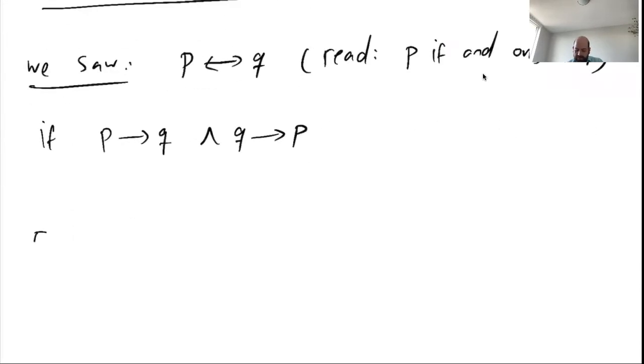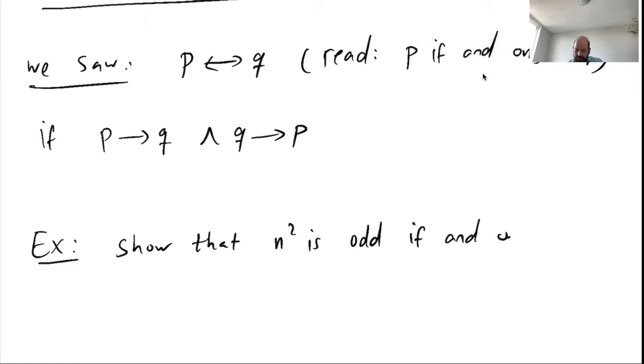Okay, so for example, let's say, show that n squared is odd if and only if n is odd. If you remember, last time we proved both directions, that if n is odd, then n squared is odd, and also if n squared is odd, then n is odd. Therefore, if both statements are true, then the statement is an if and only if statement.